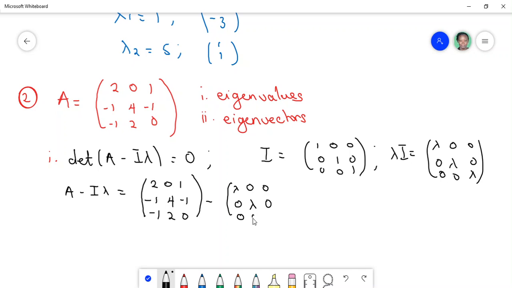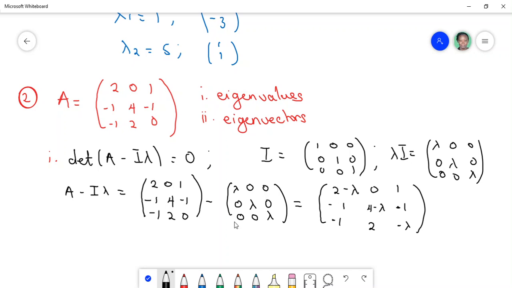This implies finding the determinant of 2 minus lambda, 0, 1, -1, 4 minus lambda, -1, -1, 2, minus lambda, equal to 0.